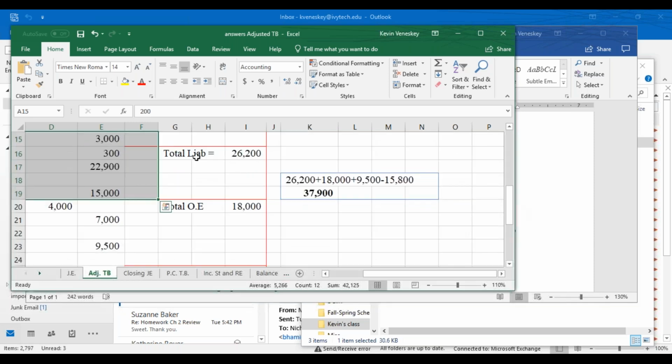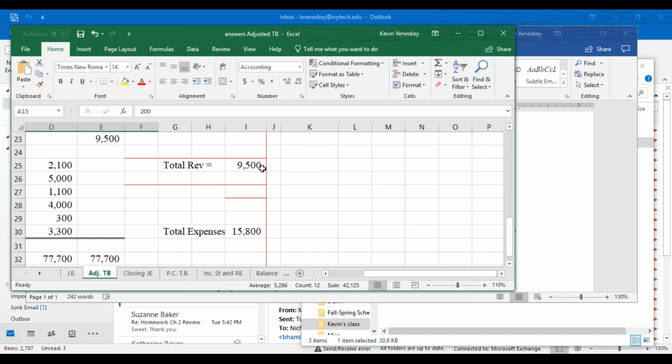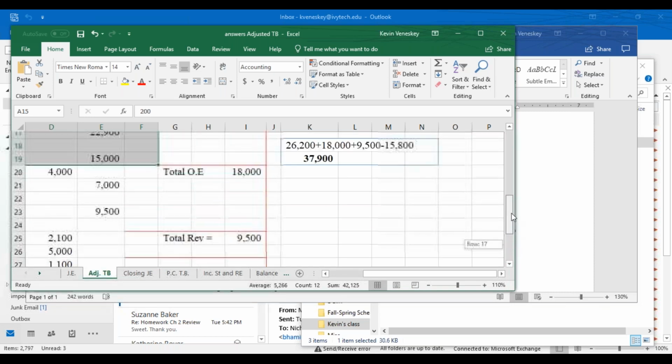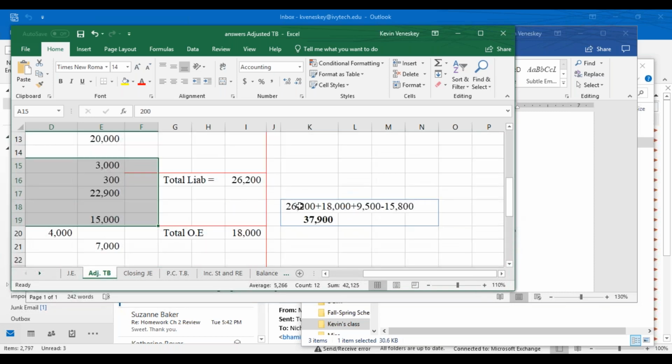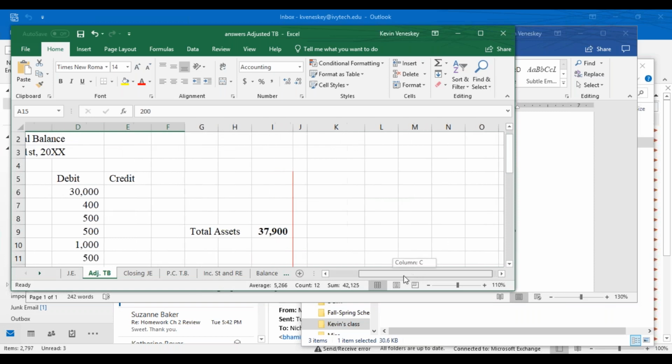Along the top of your T account, you should have had liabilities, 26.2, 18,000 in owner's equity, 9,500 in total revenue, and 15,800 in expenses. Then when you put them all together, all of your liabilities, owner's equity, revenue, and expenses, I get 37.9, which equals my assets. So that's one big checkpoint.